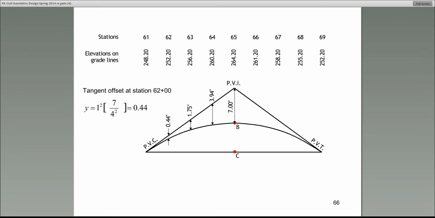At station, okay, at station 62, it's 0.44. Matthew says 0.44, and several of you are saying 0.44. Amjad says it's 1.75 at station 63. Guys, this is a very popular question, tangent offsets, and as you can see, it's not that difficult, so please learn it.